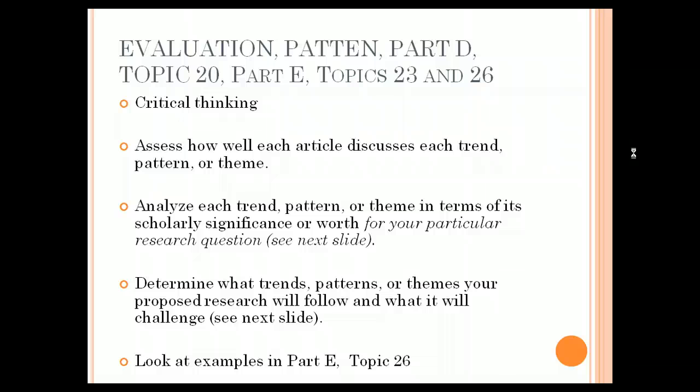You started doing this in your annotated bibliographies. From the annotated bibliographies I've read so far on the Week 2 discussion board, you're doing a good job of this. You just need to be more specific in critiquing how each article discusses the trend, pattern, or theme.